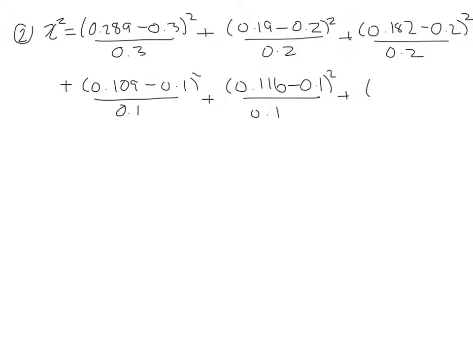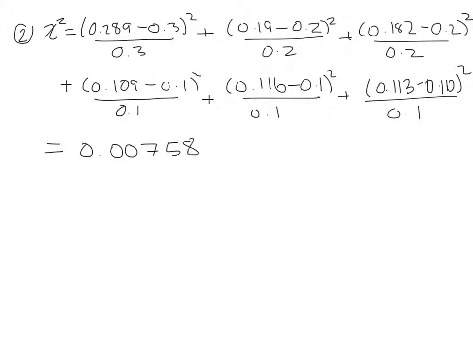And then plus green, lastly, 0.113 minus 0.10 squared over 0.1. Is that all of them? There are 1, 2, 3, 4, 5, 6 colors. Yep. Okay, and I got that the chi-squared value is 0.00758. And you can already kind of see that that probably isn't going to make a very big p-value because large chi-squareds make small p-values.